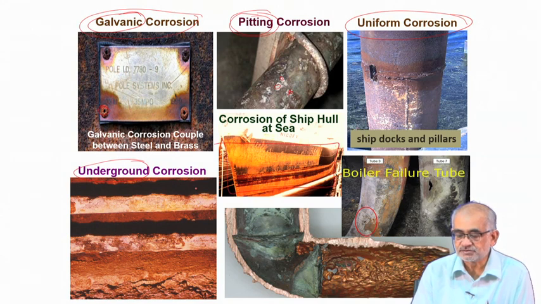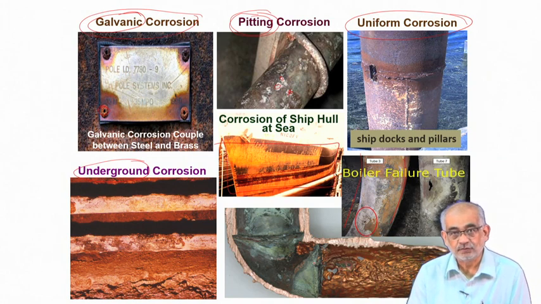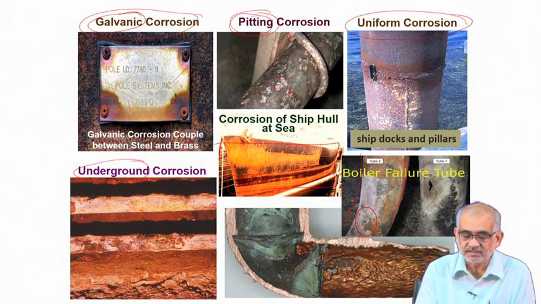This can happen also not necessarily at room temperature, but at high temperature. For example, in boiler tubes, we see an interplay of high temperature and corrosion, or corrosion at high temperature and pressure. We also have to realize that when the flow is happening, for example, on the ship hull, due to the waves, it certainly experiences some fluctuation of loading, but more or less over a period of time that's evened out.